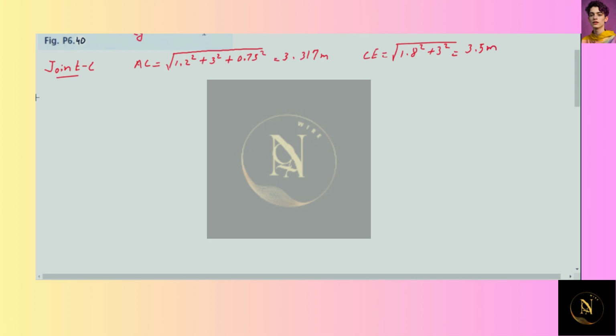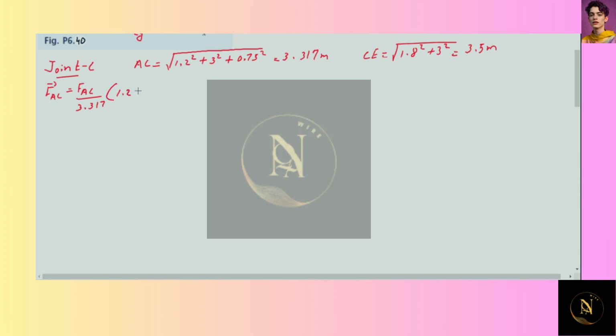Now let's find the vector FAC. Vector FAC will be equal to the magnitude of FAC divided by the magnitude of AC, that is 3.317, into vector AC.